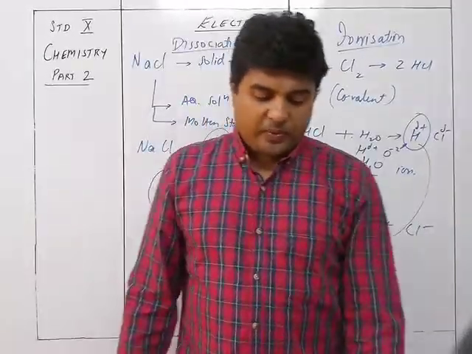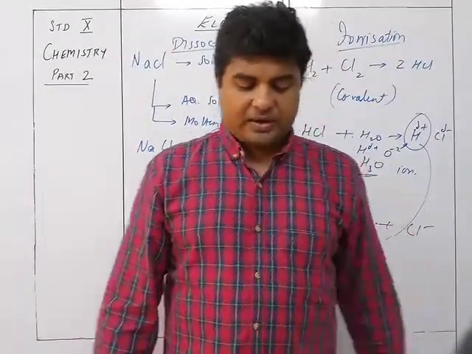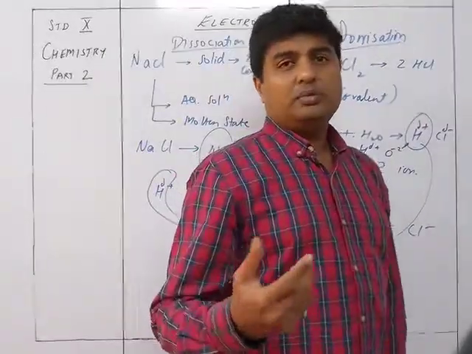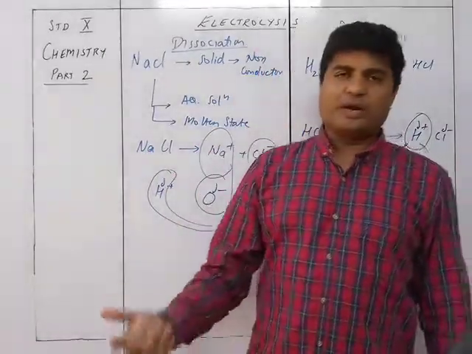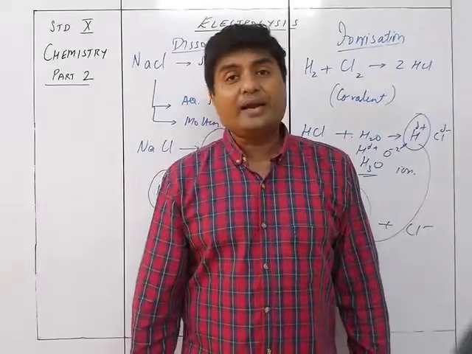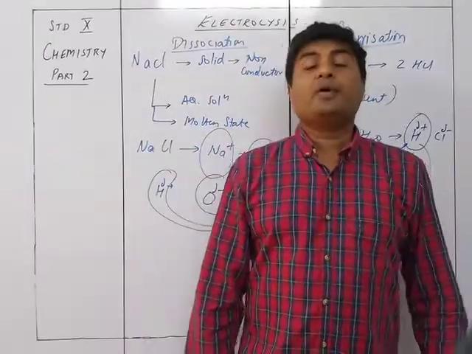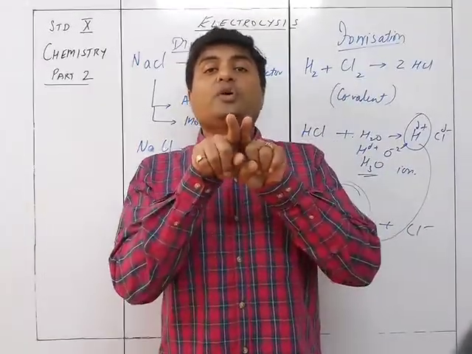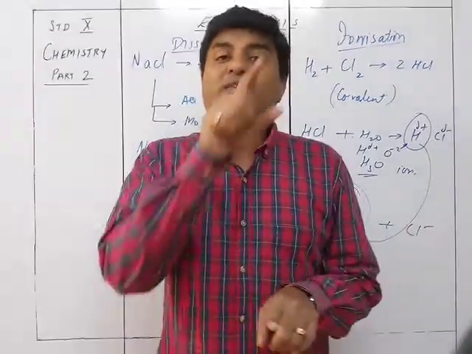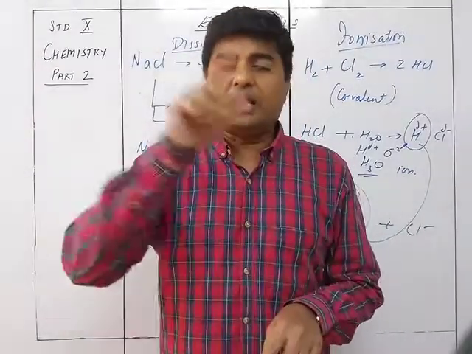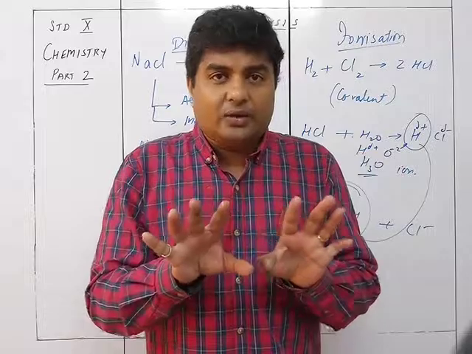Now we have a comparison between a metallic conductor and an electrolytic conductor. Copper, for example, is a good conductor of electricity. Is it an electrolyte? No, it is not. An electrolyte is one which is going to dissociate. If something only allows electricity to pass, then it is not an electrolyte.